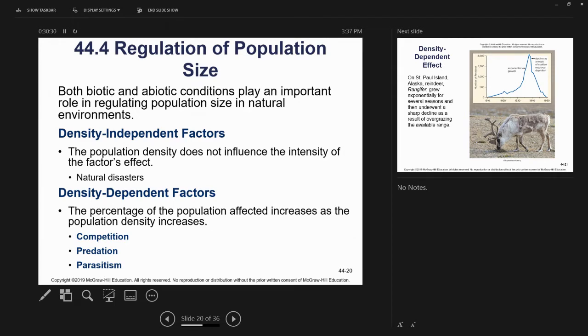You're competing for the same resources, for the same food, the same space, the same mates. The closer packed you are, the more intense that competition becomes. Predation, the more of your species there are in a given area, the easier job predators have taking you out. And then parasitism and disease, in closer, densely packed populations, it's easier for disease to spread.